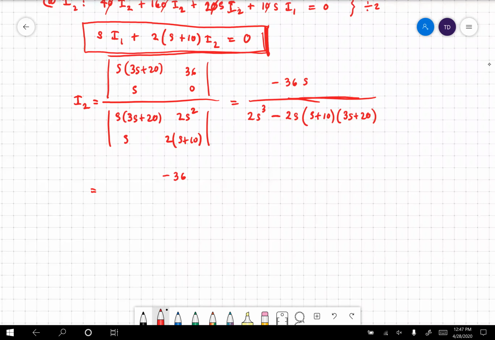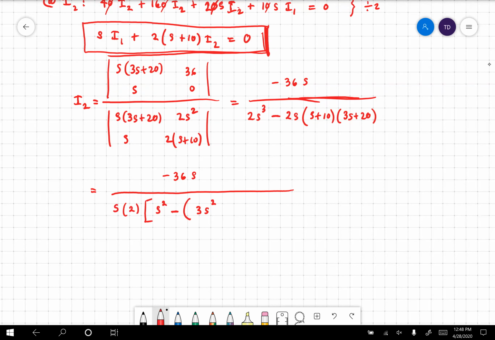Now that s is going to cancel in the numerator with this. So I'm going to factor one s out, and I'm going to actually factor a 2 out also. So when I do, I have s squared. Now, so this is factored out, so minus. So I have 3s times s, that's 3s squared.